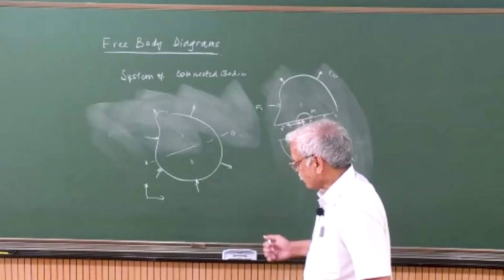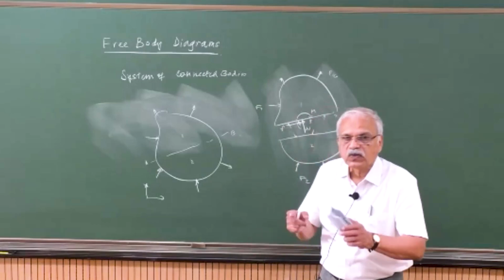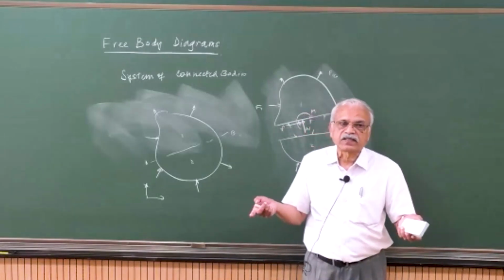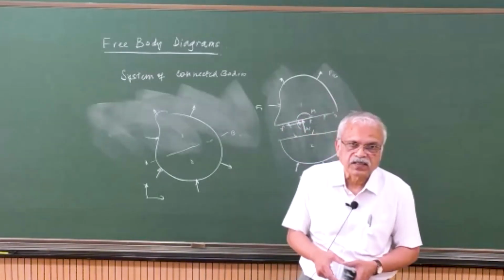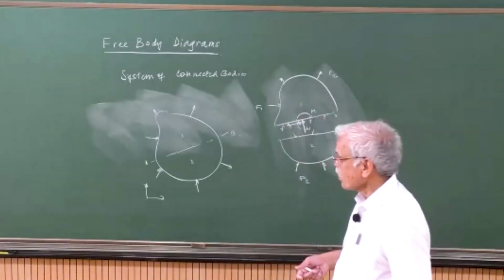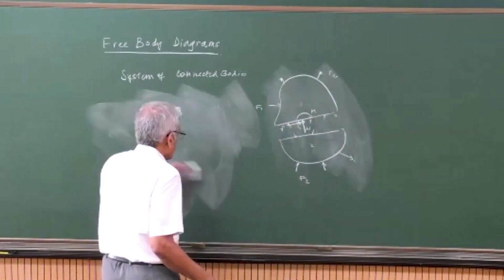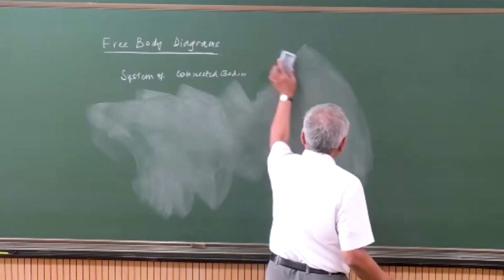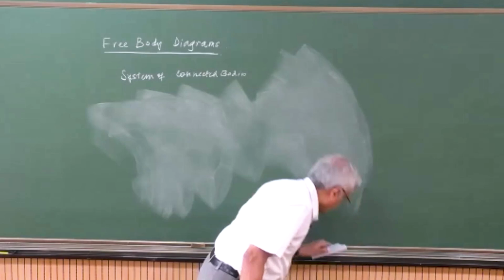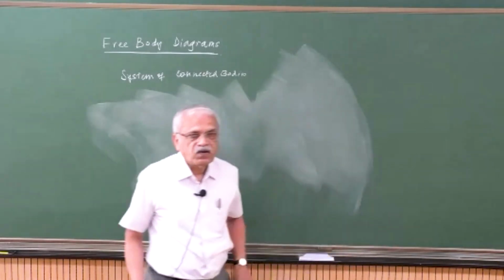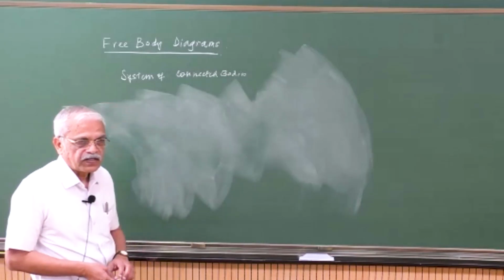In that process, if you cut the bodies into 2, you will get 3 additional equations of equilibrium, but what you have introduced is 2 unknowns. This is a very important part. Whenever you draw the free body diagram, you should realize how many unknowns you are introducing, and also how many equations you are getting.